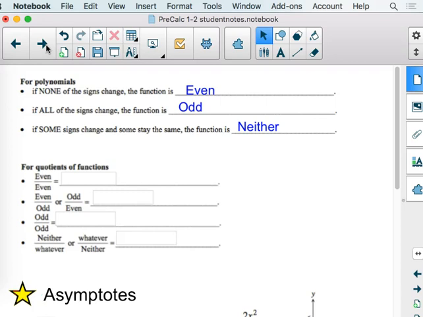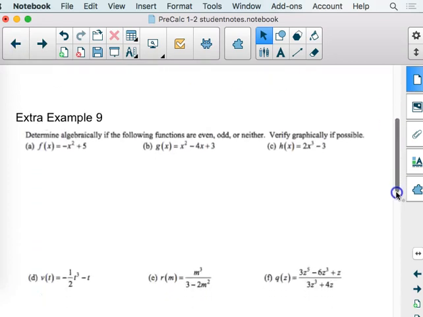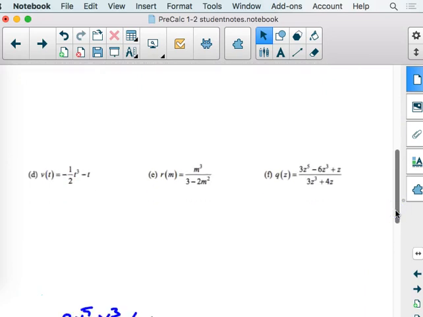Now, I'm going to go back to the last page. You can stay where you are for a second. I want us to look at what we had for E and F to get back to this. If we separate these and say m cubed, that's a polynomial. On its own, it would be odd. 3 minus 2m squared on its own would be even.